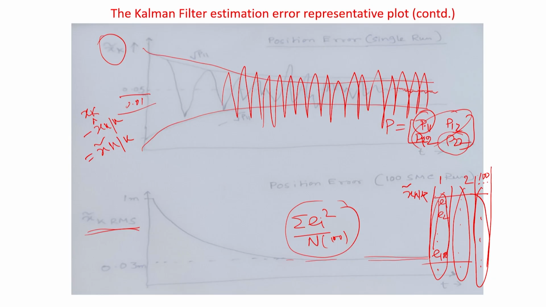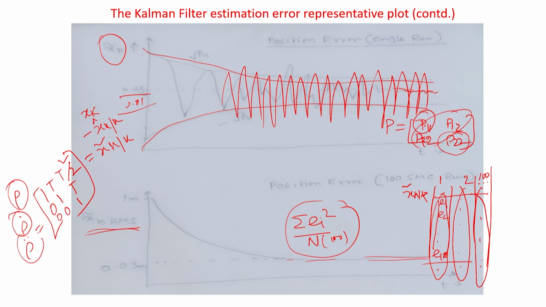Now, suppose you are using a constant acceleration model. So, you have rho, rho dot, rho double dot, and your model will be 1 t t square by 2, 0 1 t, 0 0 1. So, range, range rate and range acceleration, all three have now been incorporated, assuming it is accelerating.